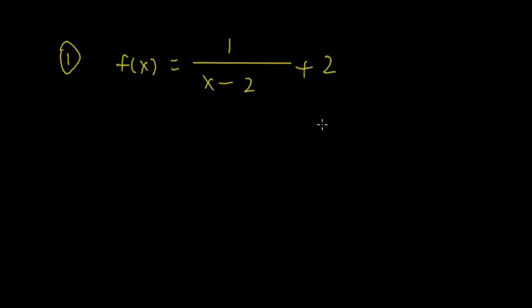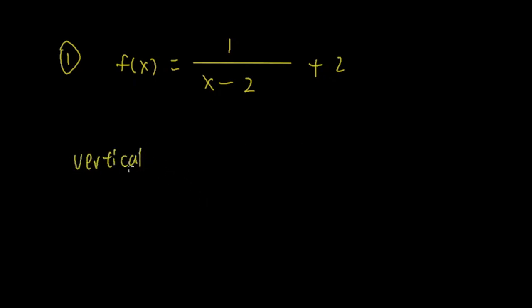Let's talk about different examples and try to identify all the asymptotes in those examples. Okay, so let's look at the first example. Let's say f of x is equal to 1 divided by x minus 2, plus 2. Let's see, we have vertical asymptote.